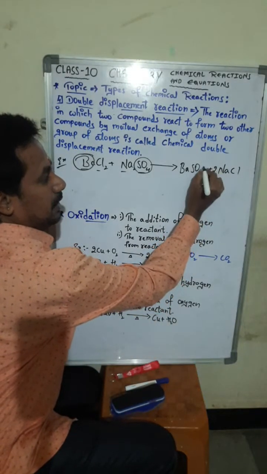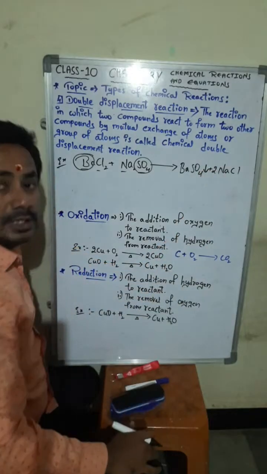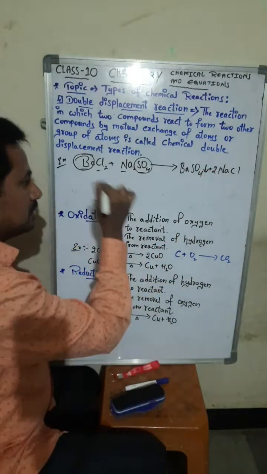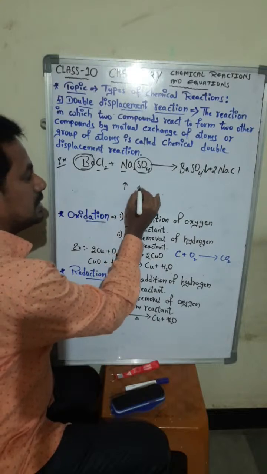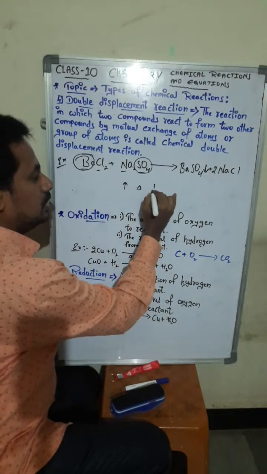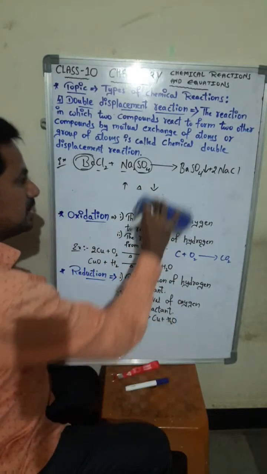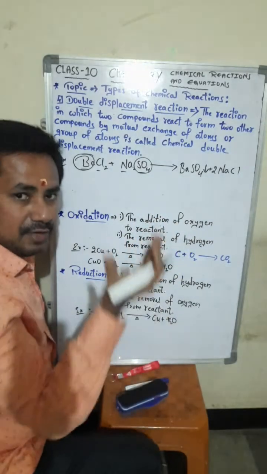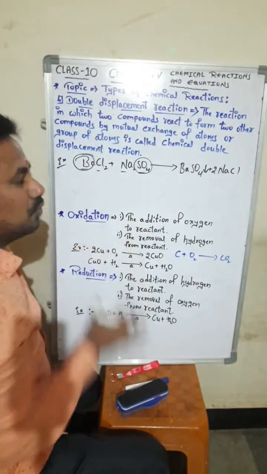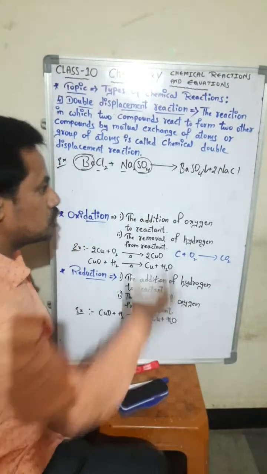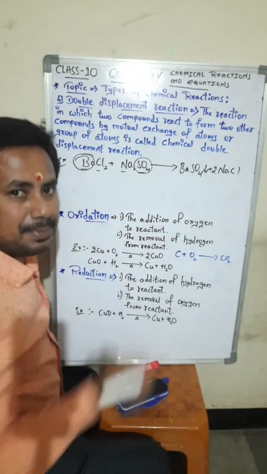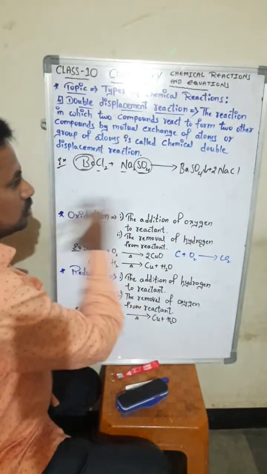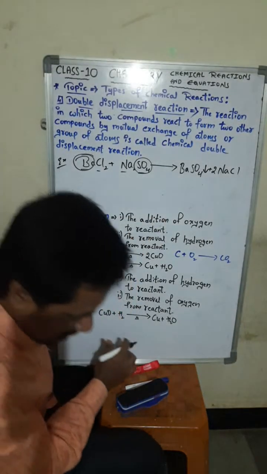As I have told you the symbols, this is the liberation symbol, this is the heat symbol. Precipitation is nothing but settling down. The white precipitate, barium sulfate, will settle down in the aqueous solution. So this is one example of a double displacement reaction.